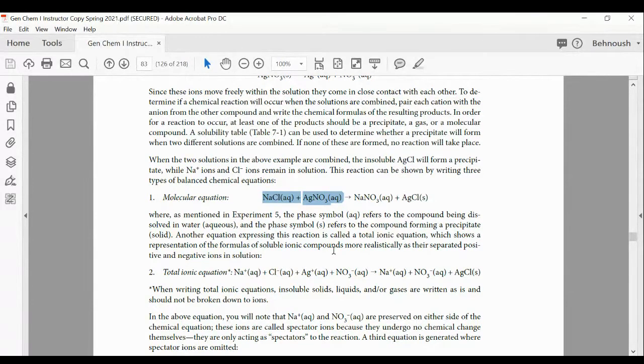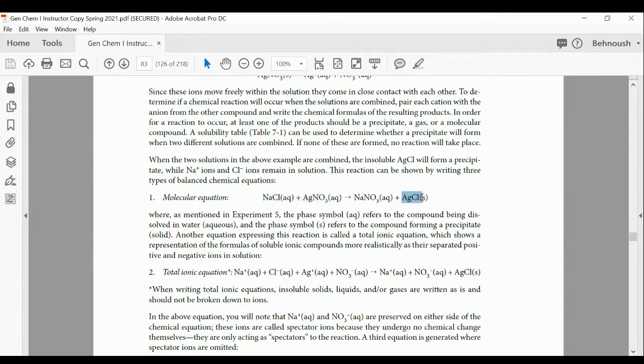You could say there is a reaction, but without knowing the solubility rules you cannot say which metal and which non-metal that precipitate is a combination of. But looking at the solubility table, you can predict which one is the precipitate that is forming.